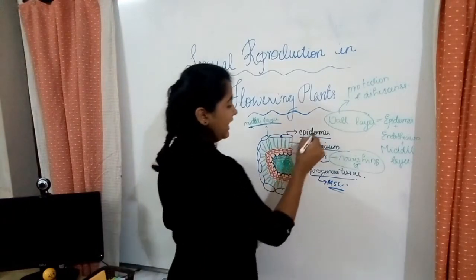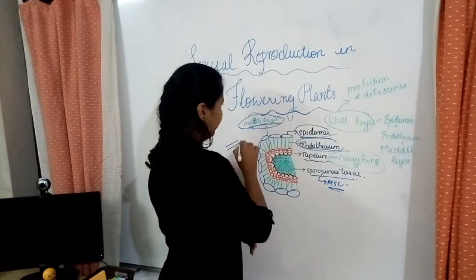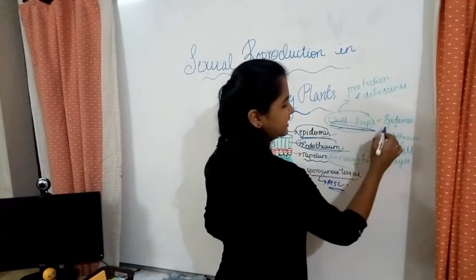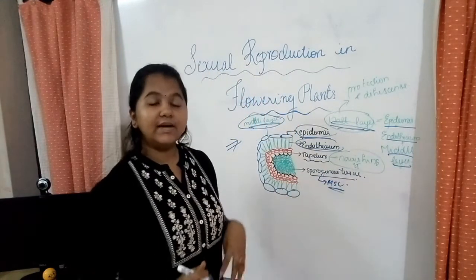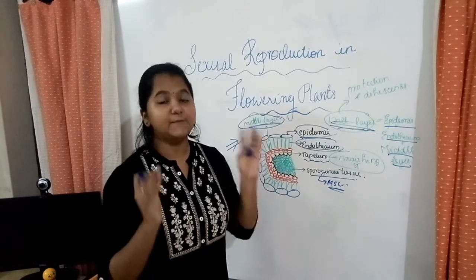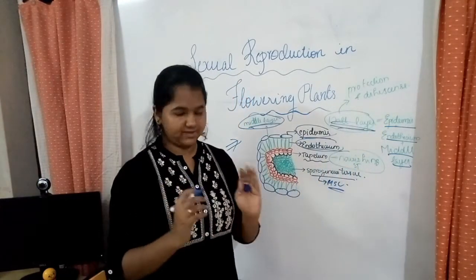So the epidermis, the endothecium and the middle layer together form the wall layer. I have written over here: wall layer equals epidermis plus endothecium plus the middle layer. And what is the function of the wall layer? The function of the wall layer is protection and also dehiscence. What do you mean by dehiscence?